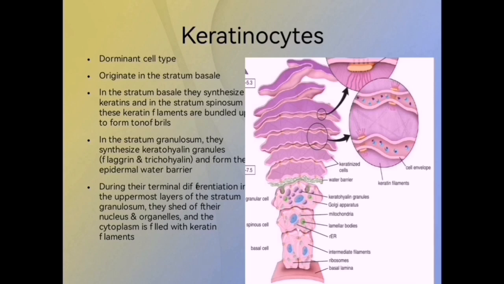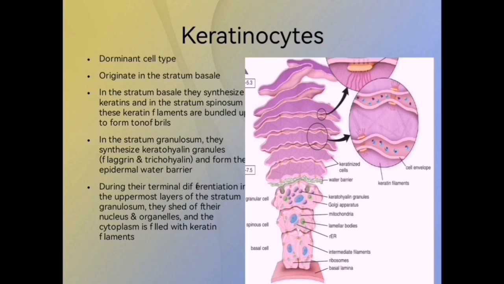So let's look at this differentiation. In the stratum basale, they synthesize keratins, and for this reason they have more ribosomes. These ribosomes give the cells of the stratum basale a basophilic staining.